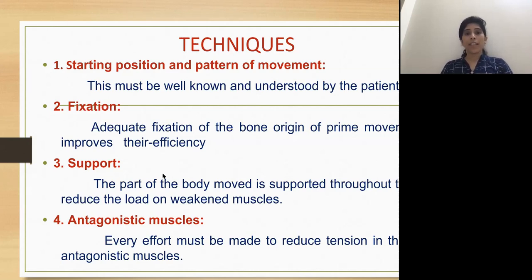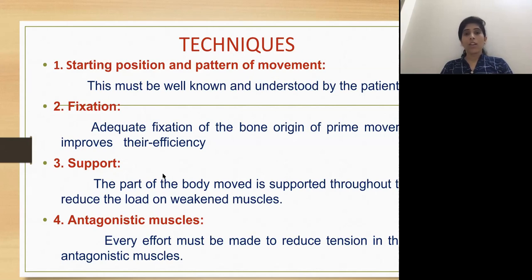Okay. Then fixation: the adequate fixation of the bone origin of the prime mover is required to improve its efficiency. Then the third is the support. The part of the body moved is supported by the therapist throughout the motion.